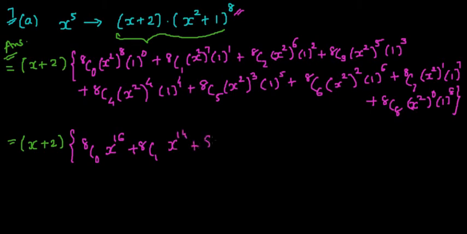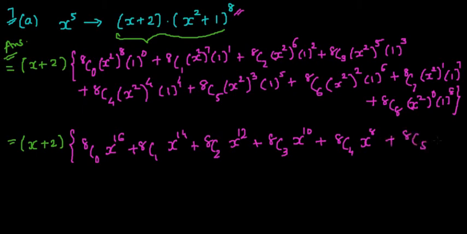Plus the next term will be 8c2, x square and 6 power, so x will be 12 power. Next will be 8c3, x square and 5 power, so x raised to 10 power. Next will be 8c4, x raised to 2 and 4 power, so it's 8 power.